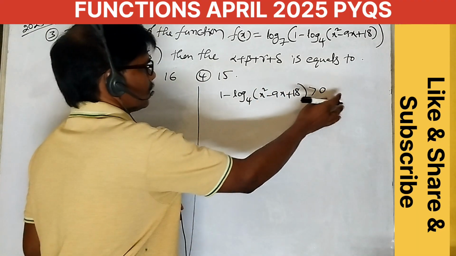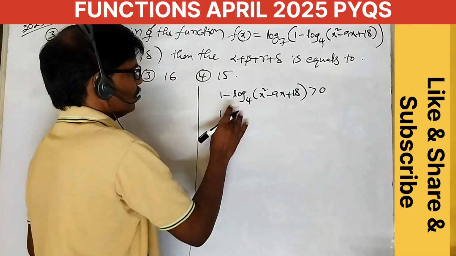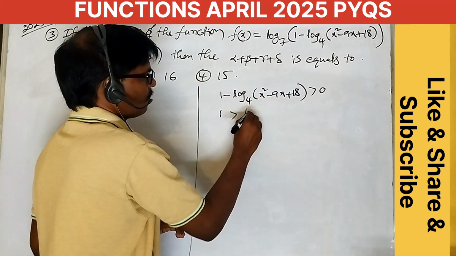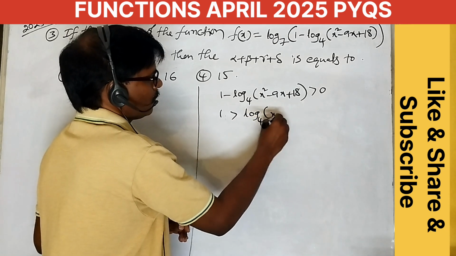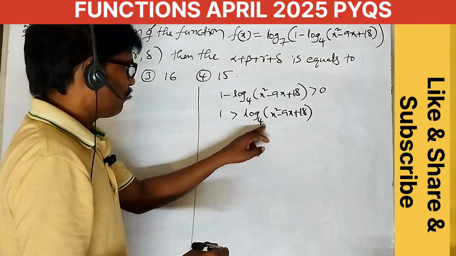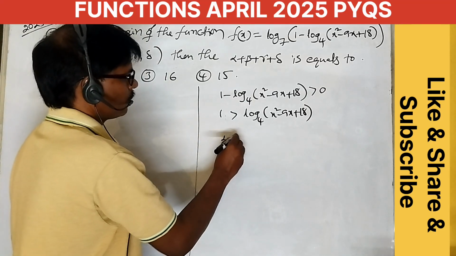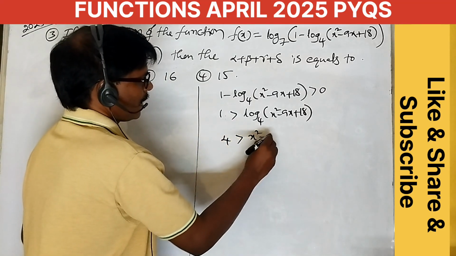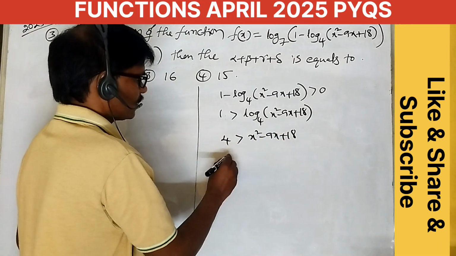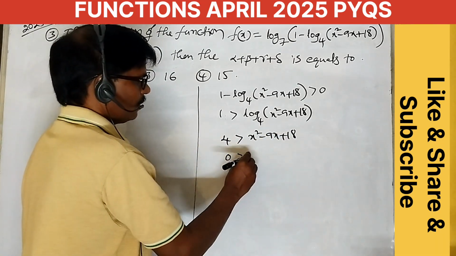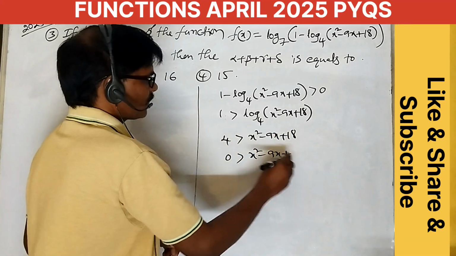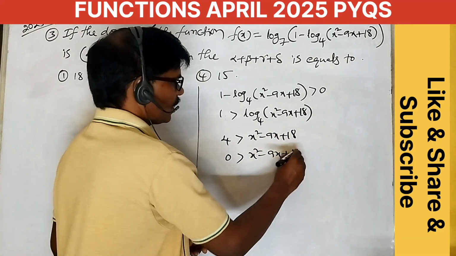Taking this to the other side, log base 4 of (x square minus 9x plus 18) is less than 1. Then 4 power 1 means 4 is greater than x square minus 9x plus 18, so 0 is greater than x square minus 9x plus 18 minus 4. 18 minus 4 is 14.